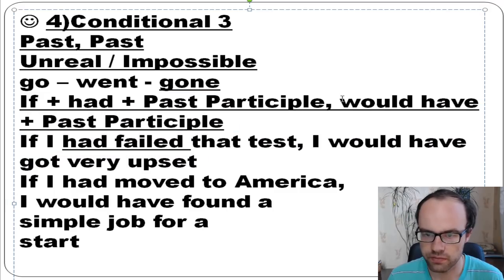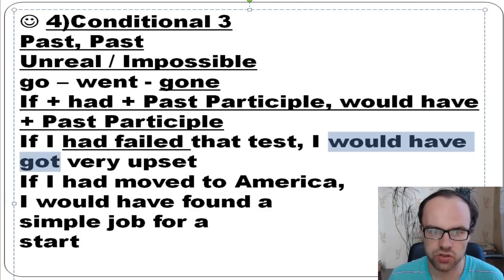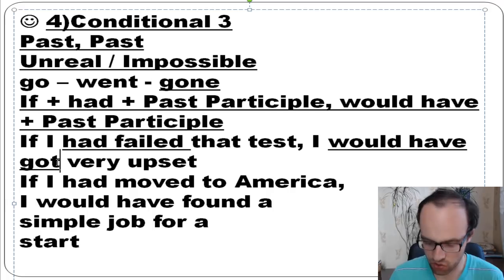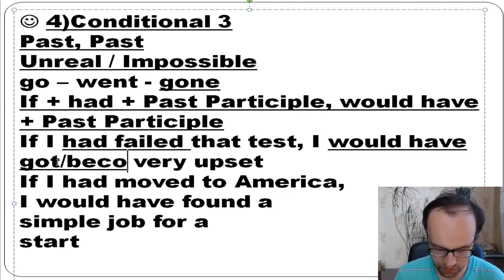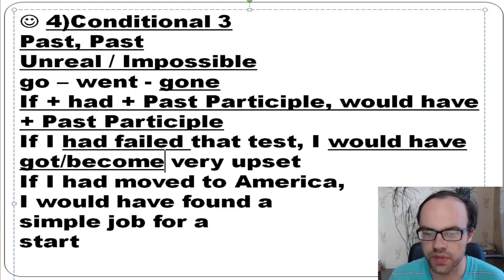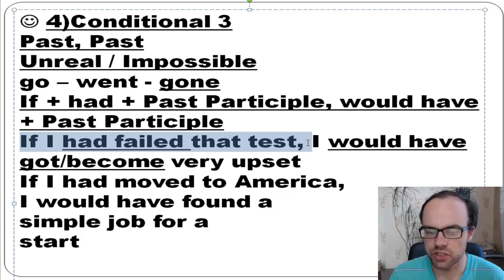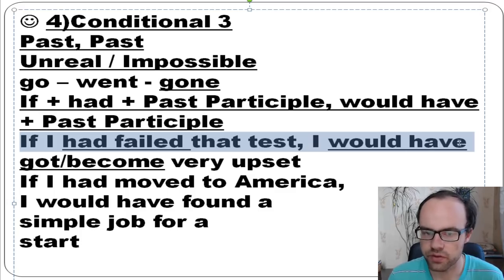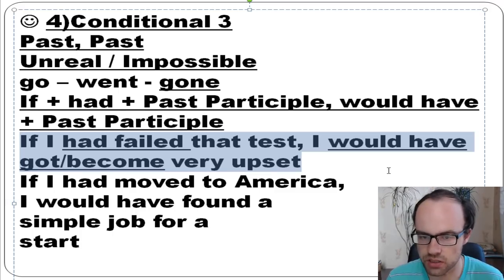Would have plus past participle, so would have got, get, got. We say get upset or become upset, so become, became, become. So you can also say I would have become very upset. But in fact I didn't fail that test, and I didn't become upset, so everything was okay.